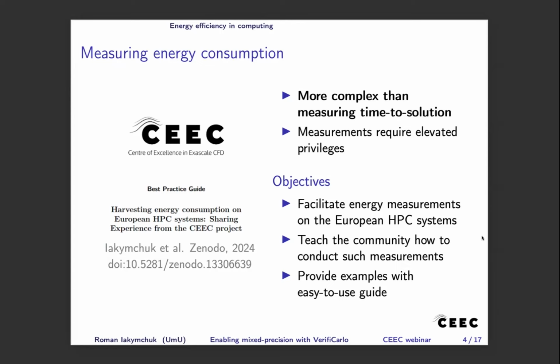Our idea was to facilitate energy measurements on European systems. Not many systems actually support this openly. Why openly? Because sometimes it's possible to get energy measurements if you are working inside the cluster and you are a trusted person. But if you are outside, it can be quite difficult. And we provide some examples with an easy to use guide.